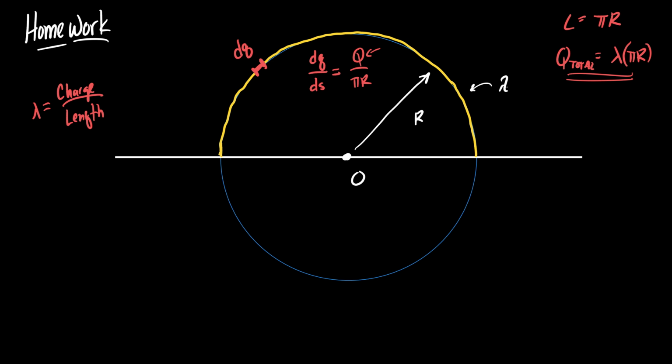On the other hand, we could just use the fact that this has to equal lambda, charge per unit length. That is a density. So I could write this as dq equals lambda ds, or as we talked about before, dq is lambda r d theta.